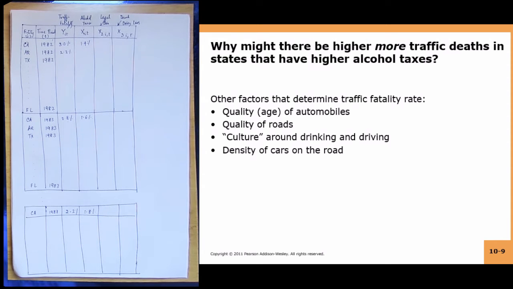Quality of roads. Now, obviously, as the quality of roads increases and the roads are maintained better and the visibility is higher, there are better markings on the road. So then also you expect that these will help drivers be more careful. It will help drivers be able to drive better.